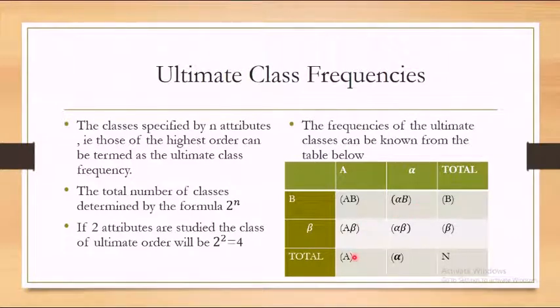Now I'm going to add this up. If I add this up, what I get is: AB plus A beta is equal to A, alpha B plus alpha beta is equal to alpha, AB plus alpha B is equal to B, A beta plus alpha beta is equal to beta, and the total of the whole thing you will get N. Now I will explain these formulas a bit more in the next slide.